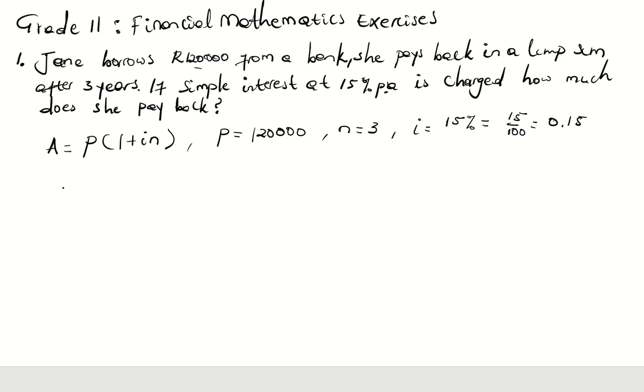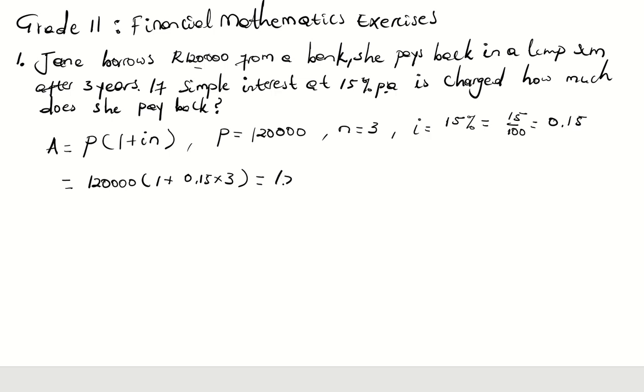We can now do our substitution so that we work out how much Jane will have to pay back. And we simply do 120,000 multiplied by 1 plus 0.15 multiplied by our n, which is 3.